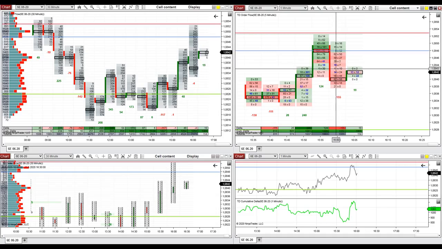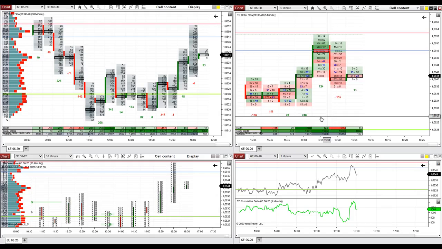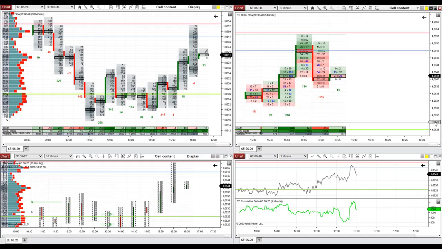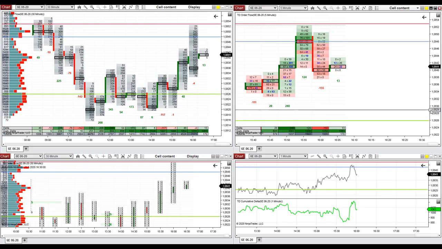This looks like the sellers could continue pushing the price downwards. Let's see if they make it to this take profit.